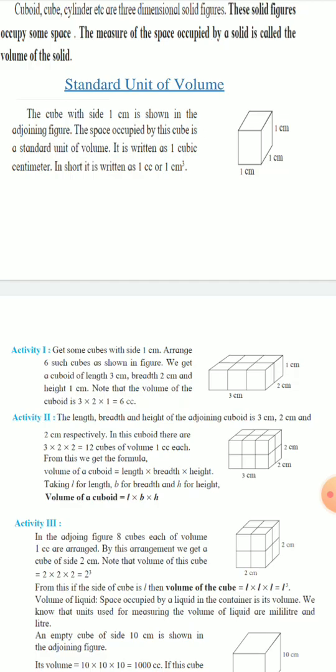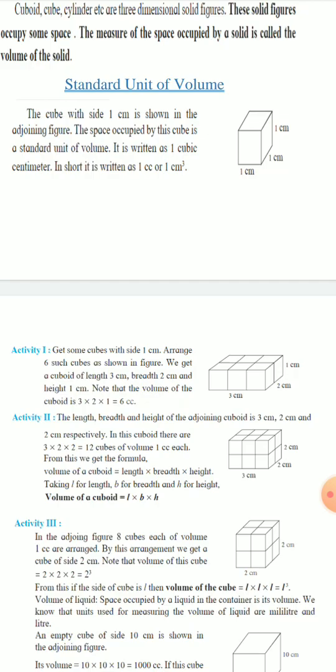In the second activity, we take the length, breadth, and height of the adjoining cuboid. Now I'm joining cubes in such a way that I get length as 3 centimeter, width as 2 centimeter, and height as 2 centimeter. In this cuboid there are a total of 12 cubes. On the length side there are 3 cubes, on the width side there are 2 cubes, and on the height side there are again 2 cubes.